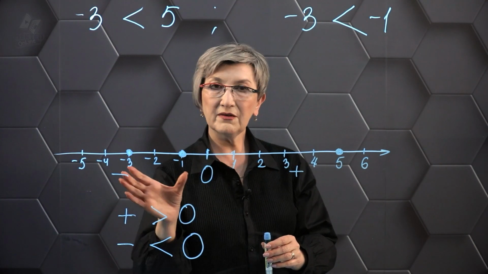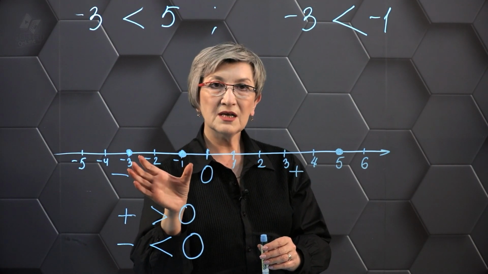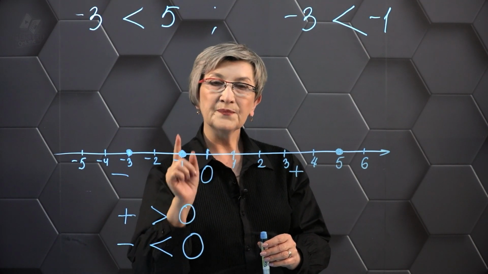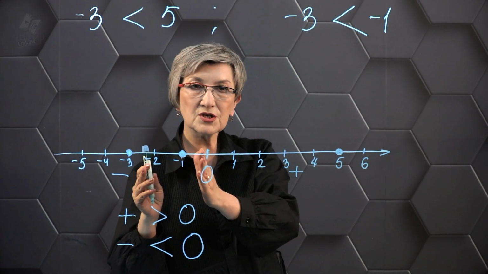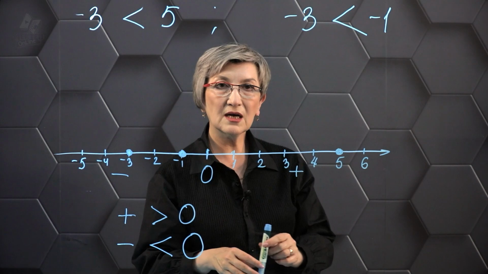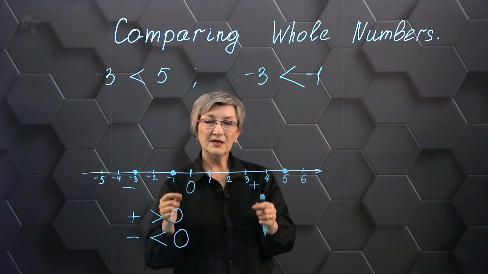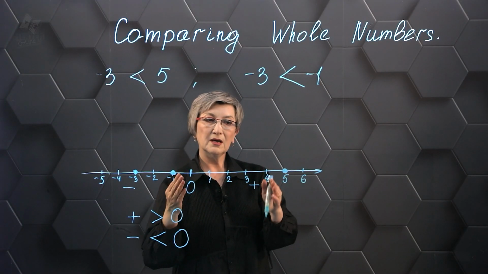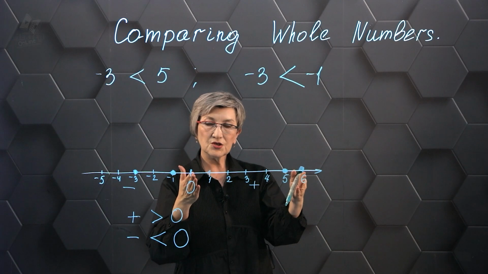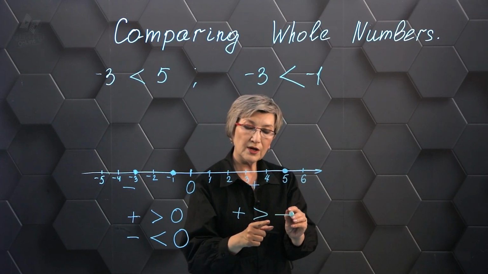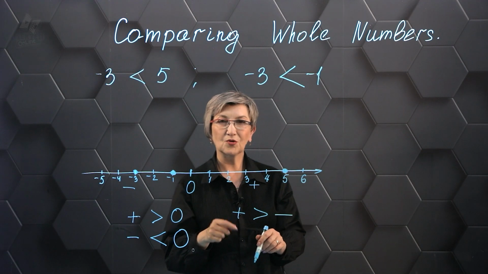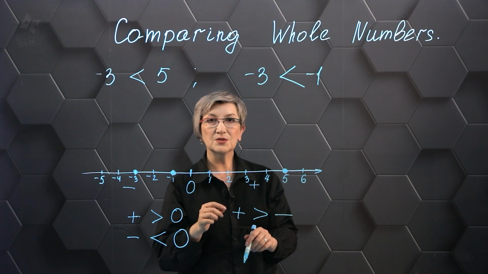The same rule applies when comparing negative numbers. If a number is to the right of another number, that number will always be larger. And let's write down another rule. Any positive number will always be greater than any negative number.